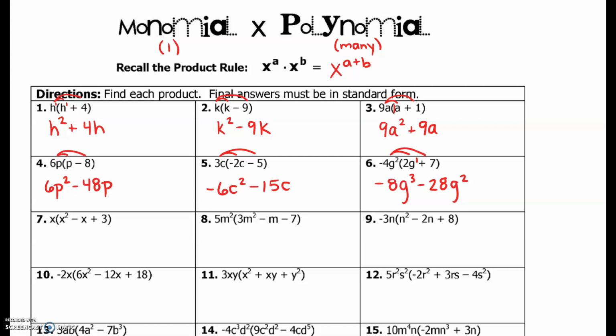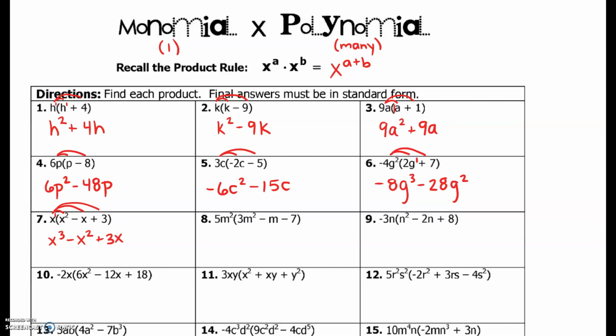From 7 to 12, we're adding a few more terms in here. You have x times x squared. Well, there's 1x here plus 2 x's. That gives you x to the third power. X times a negative x is negative x to the second power. And x times 3 is a positive 3x.